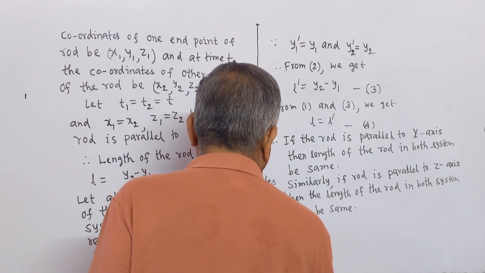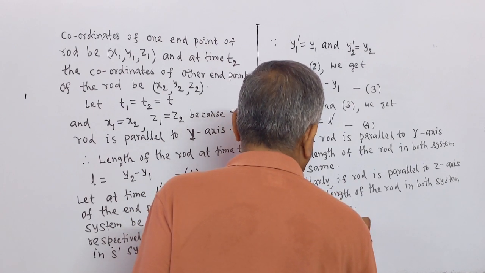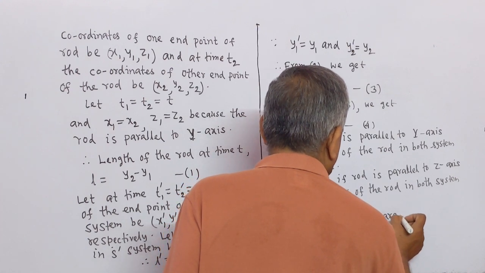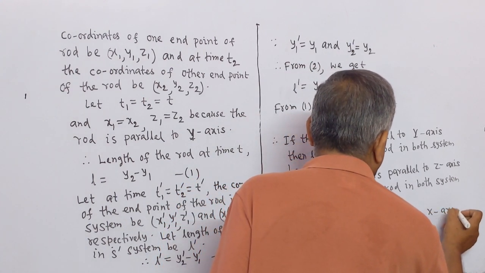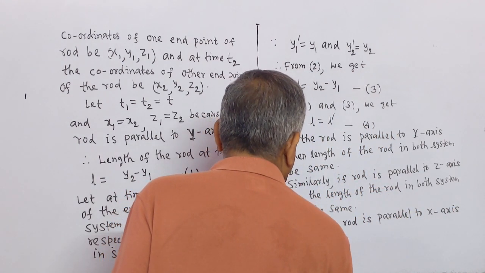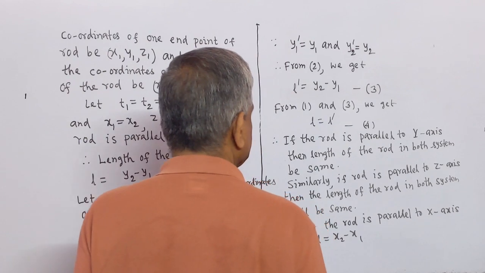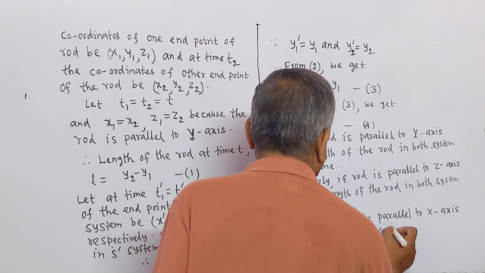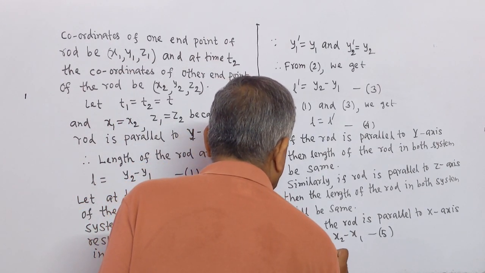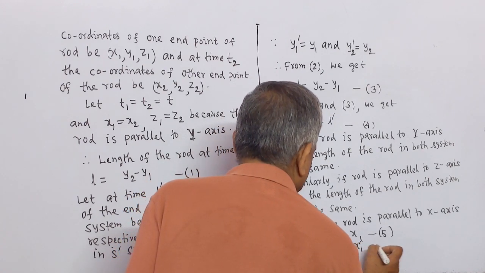Now let the rod is parallel to x-axis. Then L will be equal to x2 minus x1. This is number 5. And L prime equal to x2 prime minus x1 prime. This is number 6.